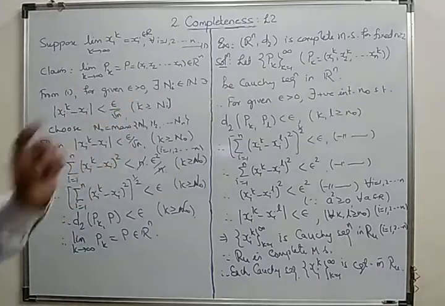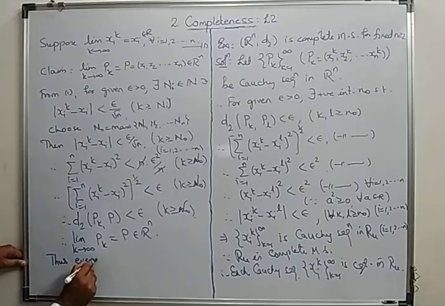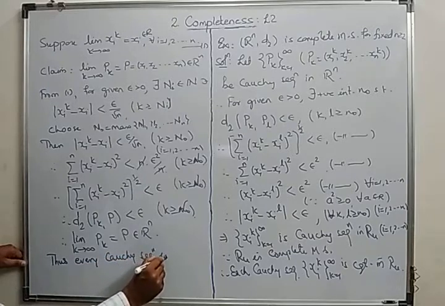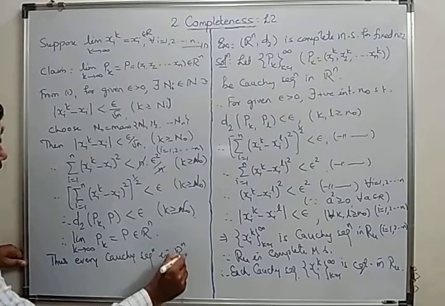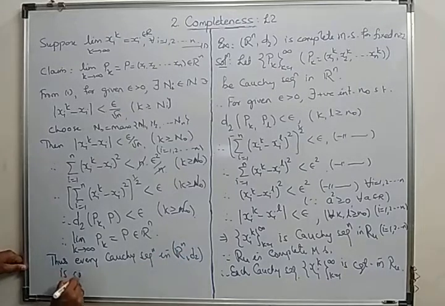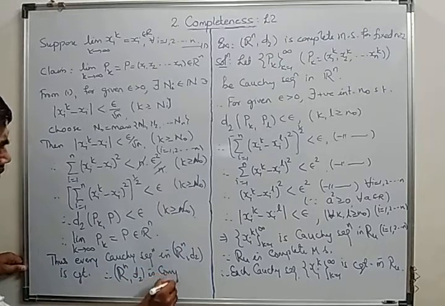Thus, every Cauchy sequence in (Rn, d2) is convergent. And therefore, (Rn, d2) is a complete metric space.